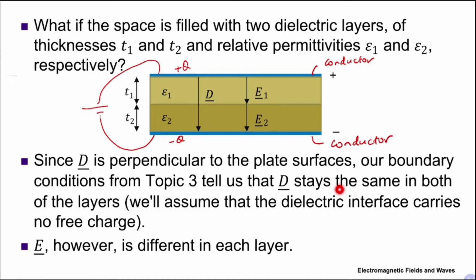From the boundary conditions that we learned earlier on, for the electric flux density perpendicular to the boundary, the electric flux density is the same over the two materials, but the electric field is different between the two materials. Still remember that? There are two boundary conditions we learned.